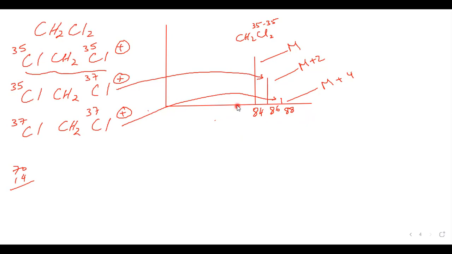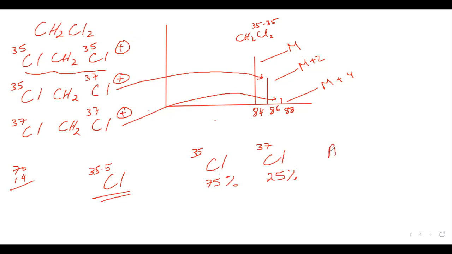And when we are calculating chlorine, having the atomic mass of chlorine 35.5, where does this come from? It comes because we have chlorine-35 and chlorine-37. Chlorine-35 is present in 75%, and chlorine-37 is present in 25%.